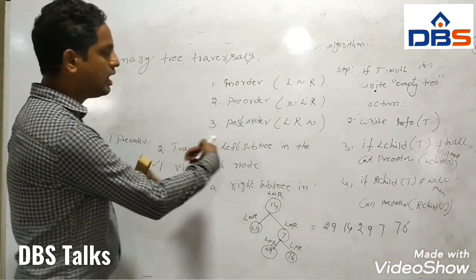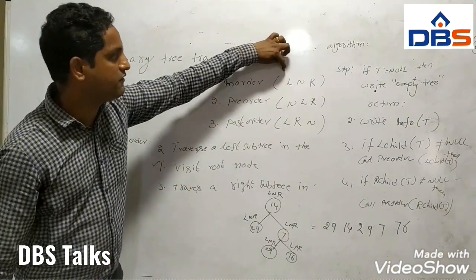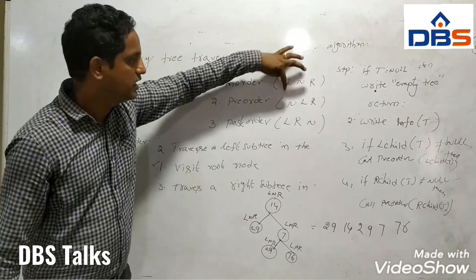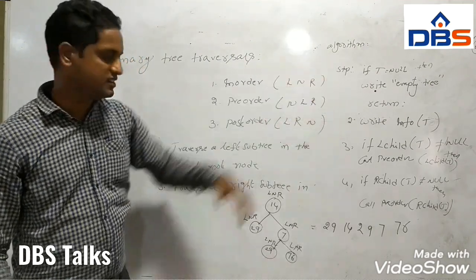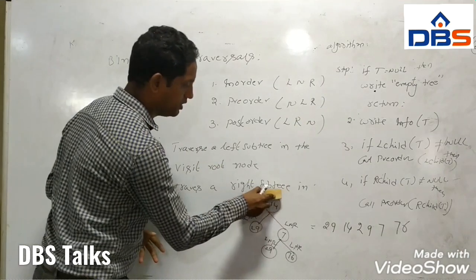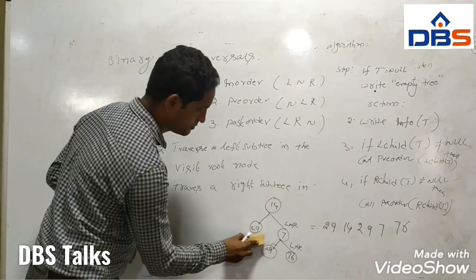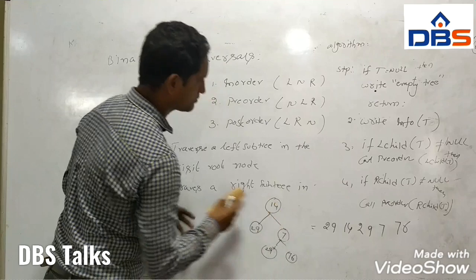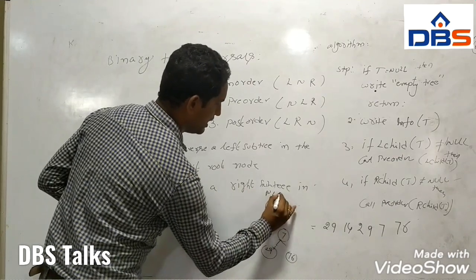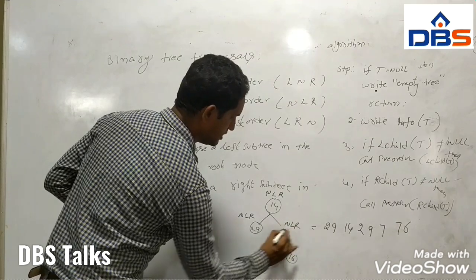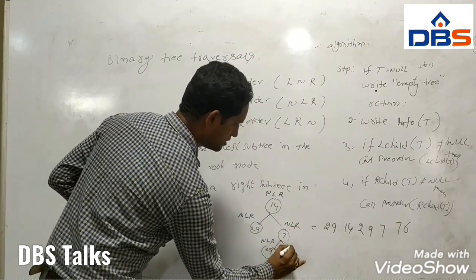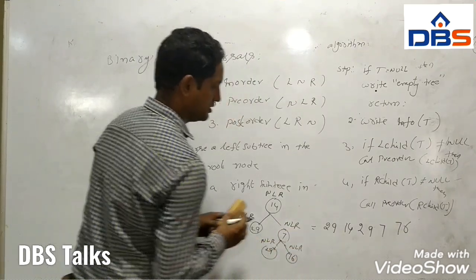Simply we can change the arrangement. Here left, node, right; here node, left, right; here left, right, node. See, for example, the same example. Node, left, right.